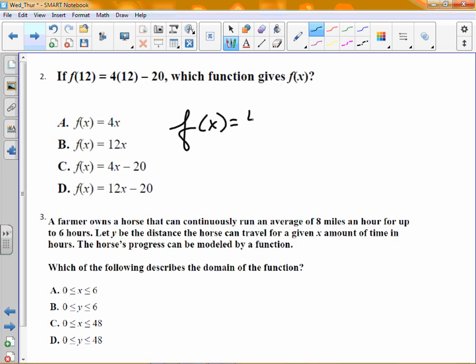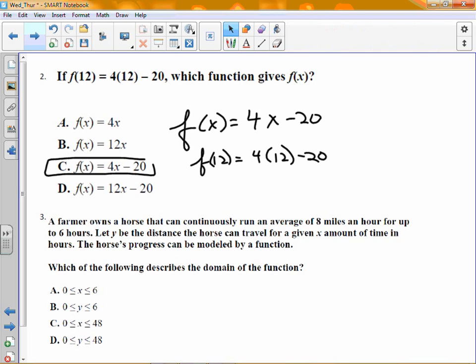But what this is trying to get us to do is identify it the other way around. So instead of plugging 12 in like this and writing 4 times 12 minus 20, what they're asking us to do is plug x in for the variable the other way. So the answer to number 2 is C.